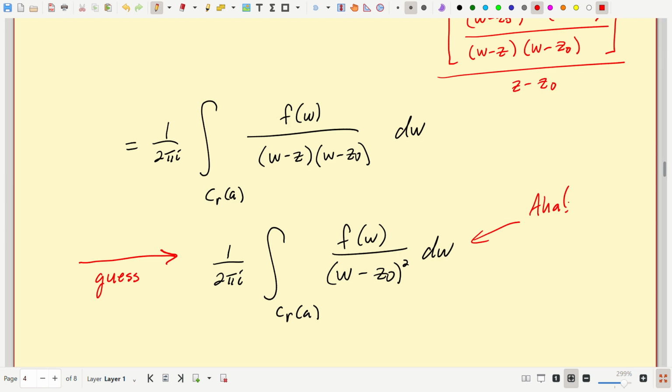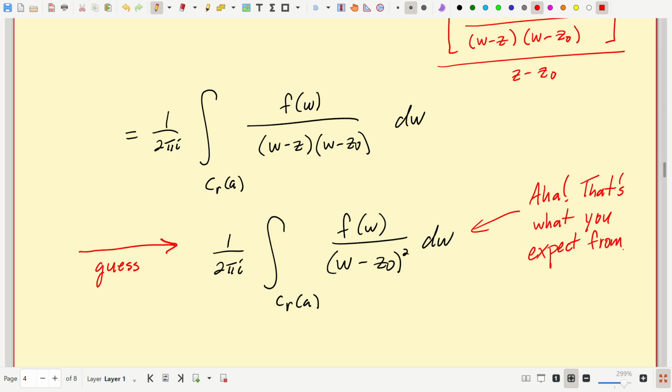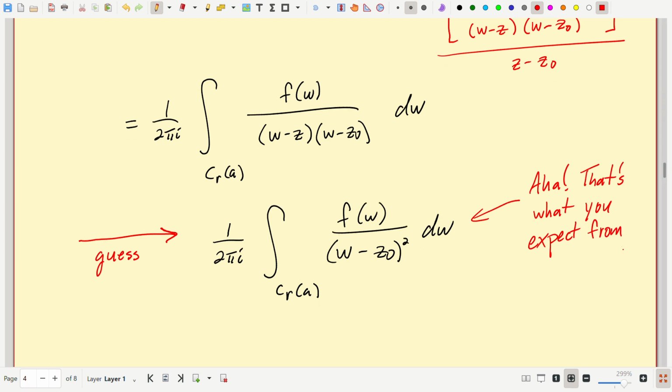That's what you get if you differentiate under the integral sign. That's what you expect. Of course, we don't know we can differentiate under the integral sign. This is showing you that soon we will. That's what you expect from differentiating under the integral sign in the z variable. The w variable is a dummy variable.